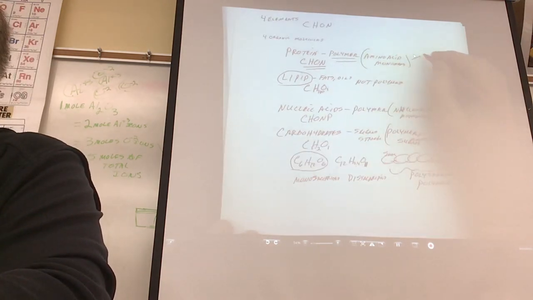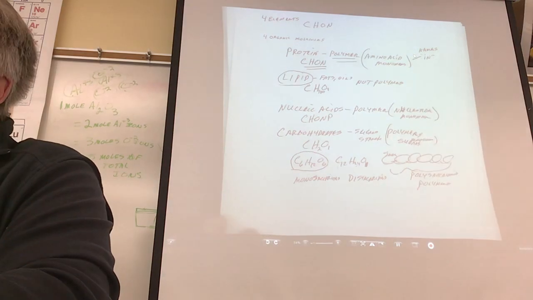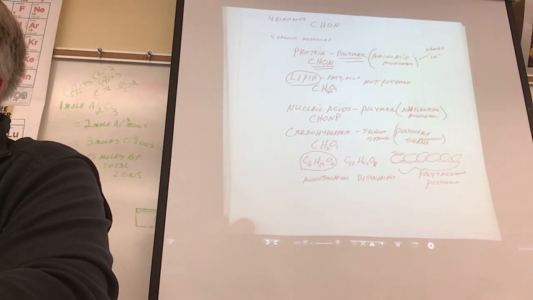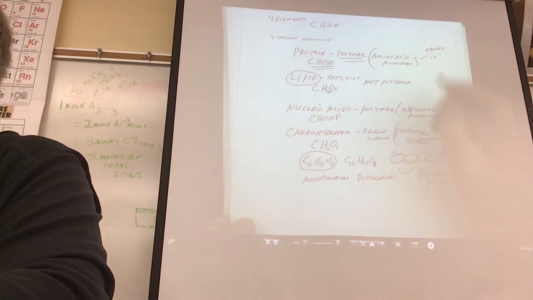I forgot to say one other thing. The names of proteins usually end in "in." That's one ending, like insulin, penicillin. Now, if the protein is an enzyme, I bet the biology people know this, it ends in "ase," like lactase.